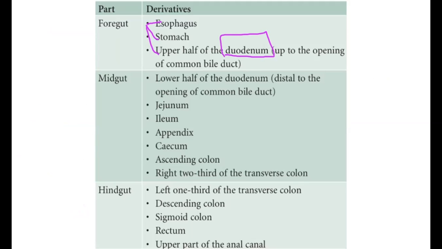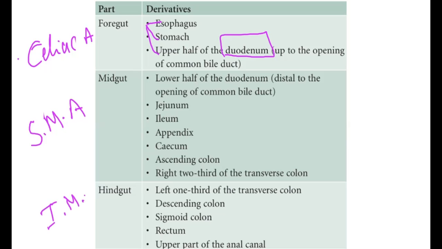This is very important because the upper half of the duodenum, that is up to the opening of the common bile duct, is supplied by celiac artery, whereas the lower half of the duodenum, distal to the opening of the common bile duct, is supplied by superior mesenteric artery, right?